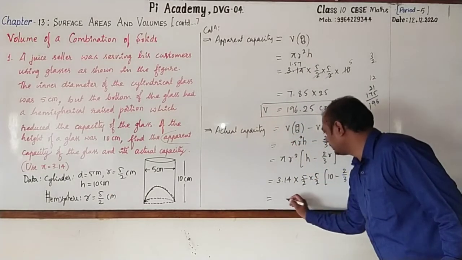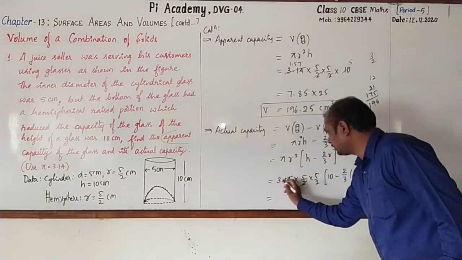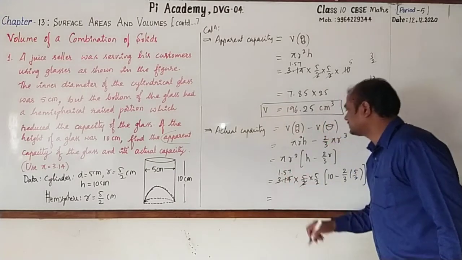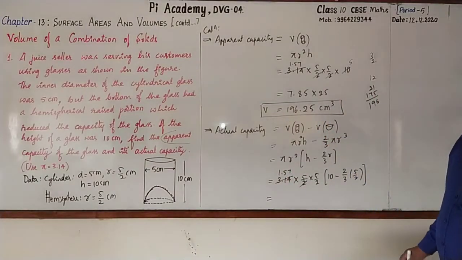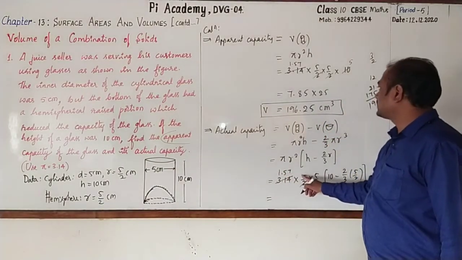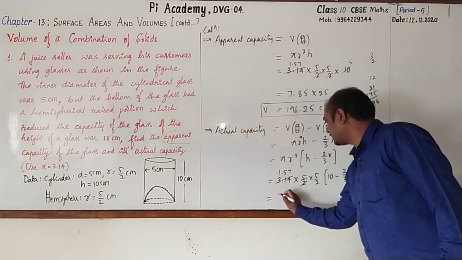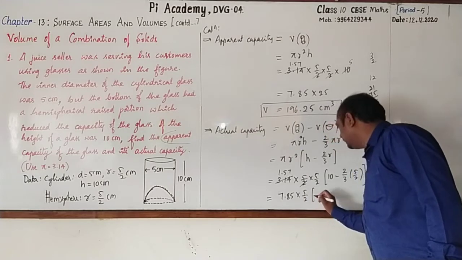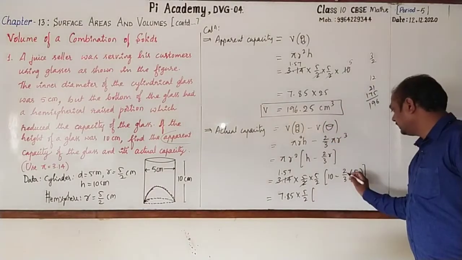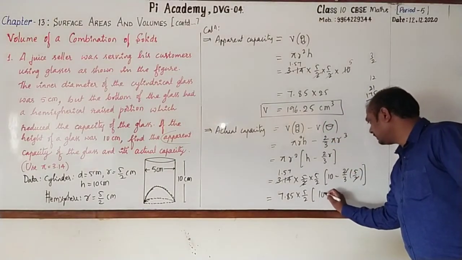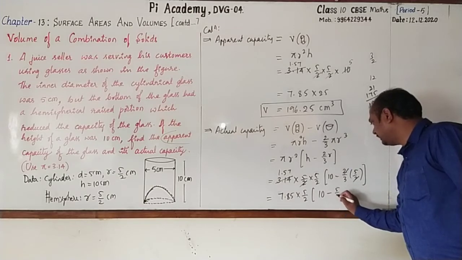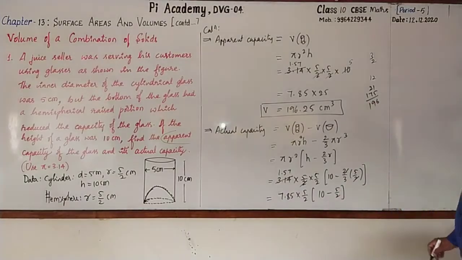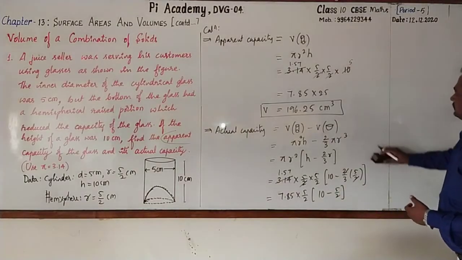Equal to, you may cancel it, 2 ones are 2, 1.57s are, right? 1.57 into 5, it will be 7.85 into 5 by 2 into, then here 2 gets cancelled, 10 minus 5 by 2. Here I will continue.